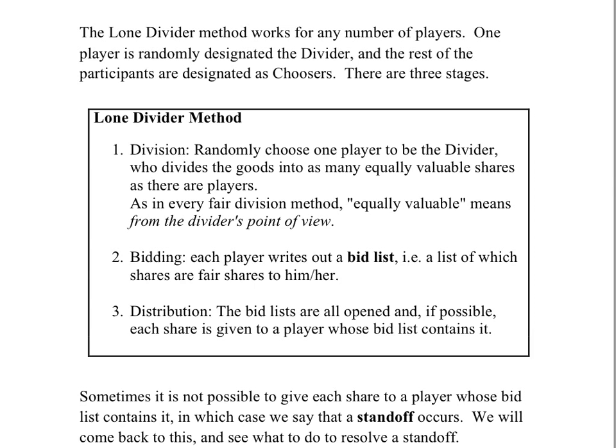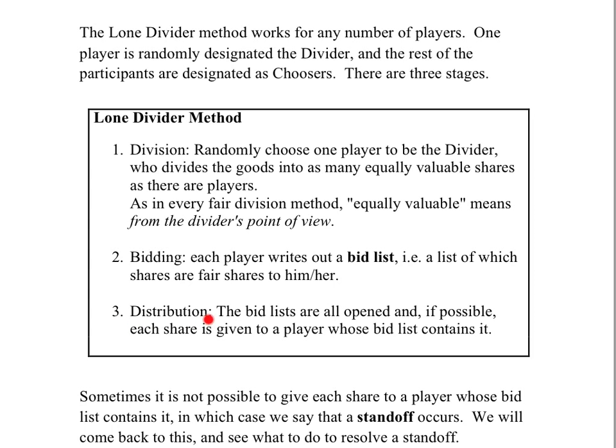After the divider has done this, each of the other players writes out a bid list. That means a list of which shares are fair shares to him or her. So think of this as a list of which shares are acceptable to that player. So each player produces their own bid list, their own list of fair shares for them.